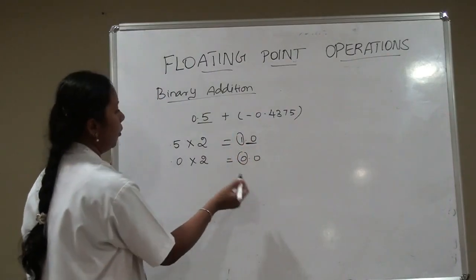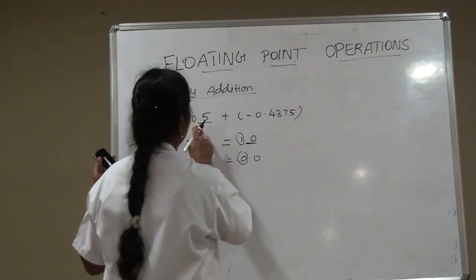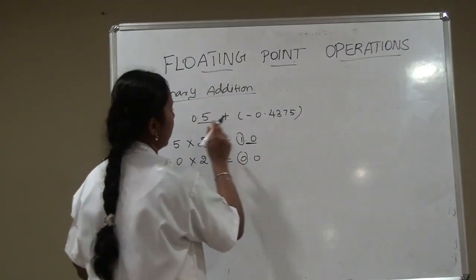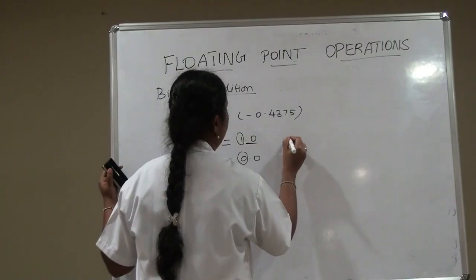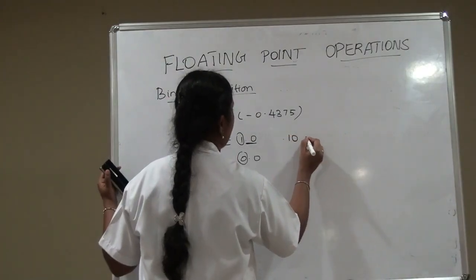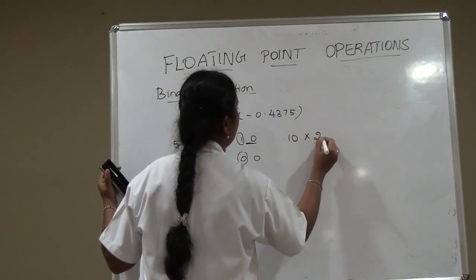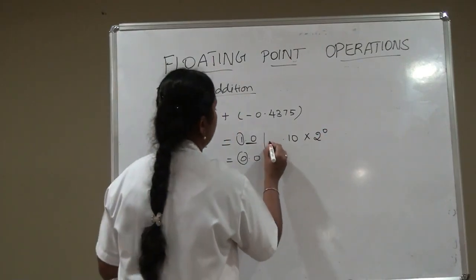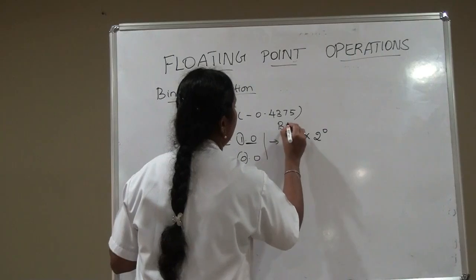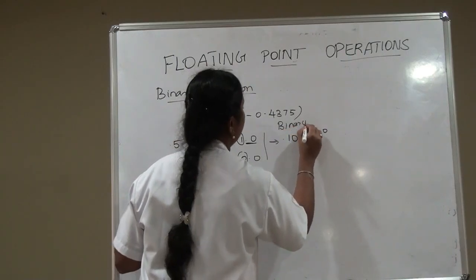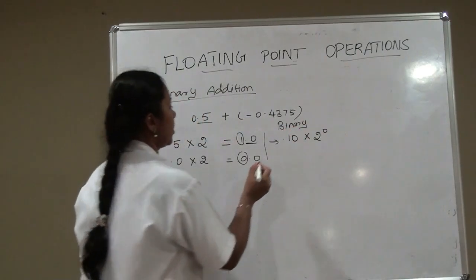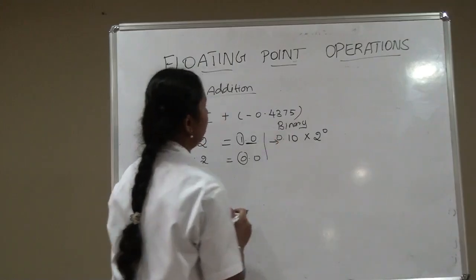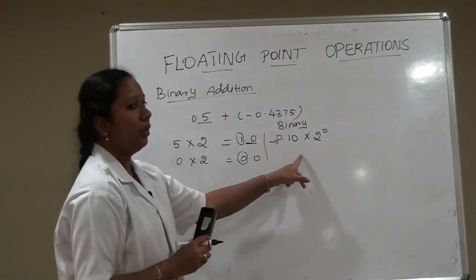Now I just take the numbers which are placed before the points. So my binary representation of 0.5 is going to be 0.10 into 2 power 0 initially. So this is the binary form of 0.5. Here I can place a dummy 0. Now this is not a normalized form.